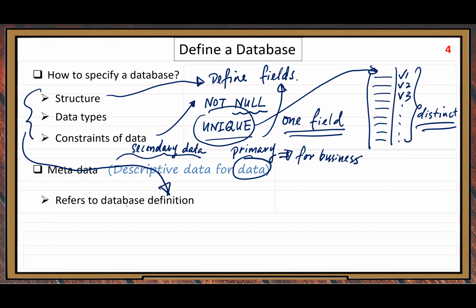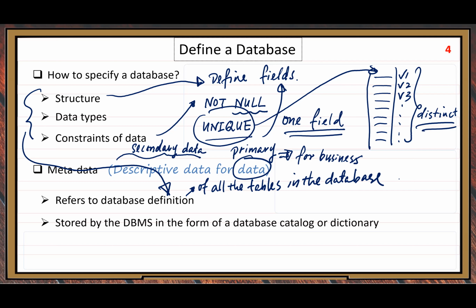Because here, database definition, we mean definition of all the tables in the database. Okay? Database definition. What do you mean database definition? Definition of all the tables in this database. That's the meaning. Okay? All right.